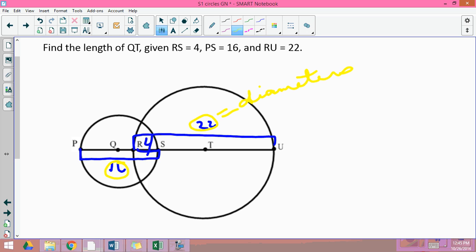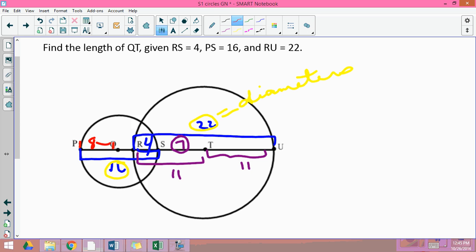If I know that those are the diameters, then I know that T to U is 11 and R to T is 11. If R to S is 4 and R to T is 11, that means S to T is 7. If I go over on the other side, that means my radius is 8.